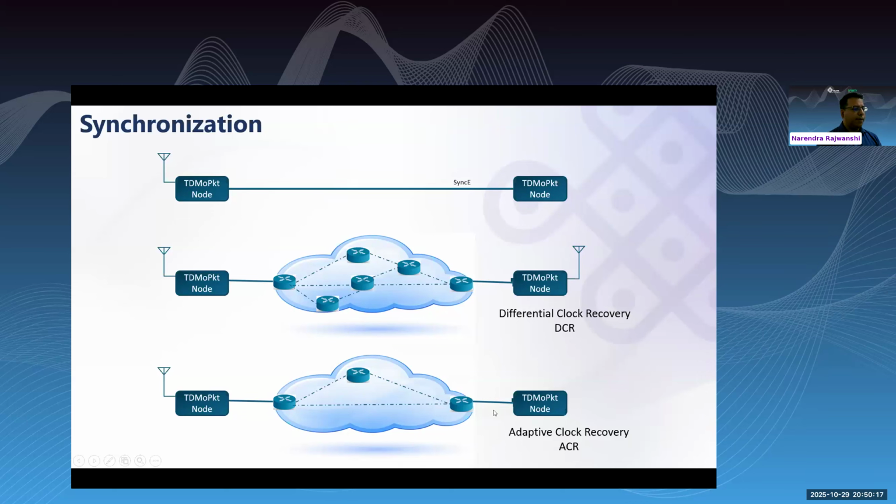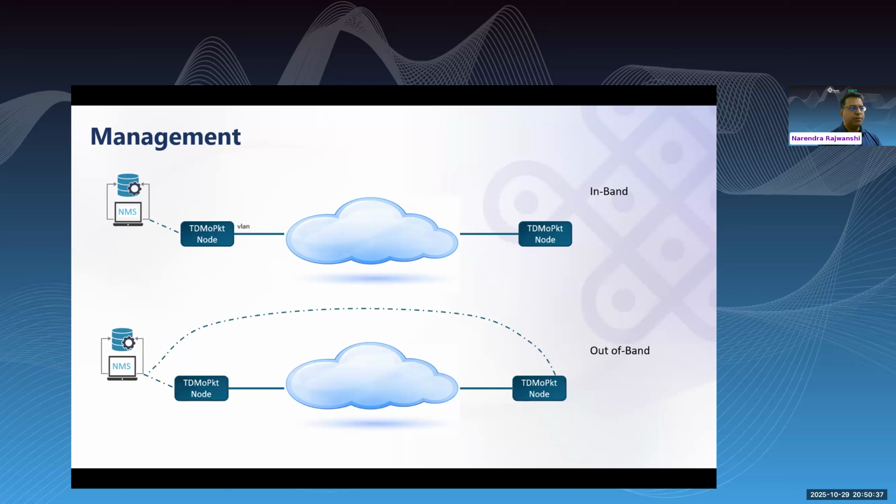So this is how synchronization approaches are done. And management is available in-band and out-of-band, the standard approaches for managing the nodes: through the in-band VLAN going through the cloud, or it can be out-of-band management as well.